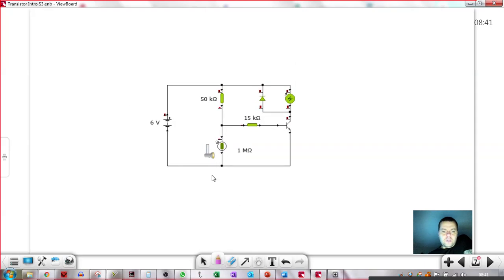So the resistor in the sensor controls sensitivity.